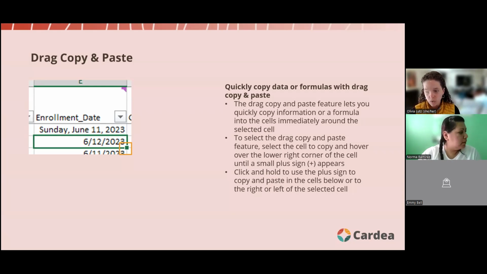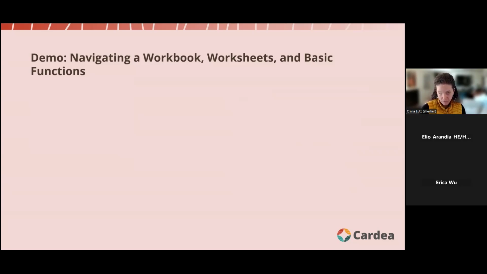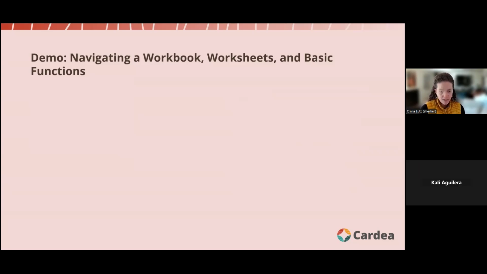And you click and hold to use that plus sign to copy and paste it into the cells below it or maybe to the right of it, depending which direction. Vamos a poder arrastrar el ratón y copiar y poner en las células donde queremos mover el ratón. Esto nos lleva a través de un repaso rápido de la información. Esto es la información básica y rápida en lo que es las funciones de Excel.